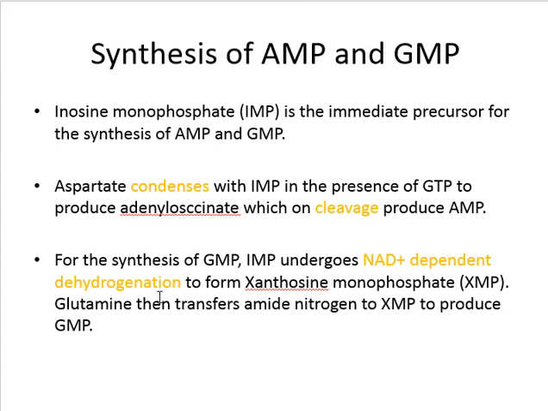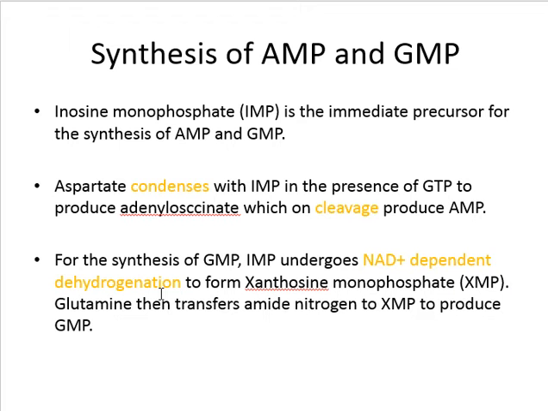For the synthesis of GMP, this inosine monophosphate undergoes dehydrogenation, and this dehydrogenation process is catalyzed by the enzyme IMP dehydrogenase, which is an NAD dependent enzyme.